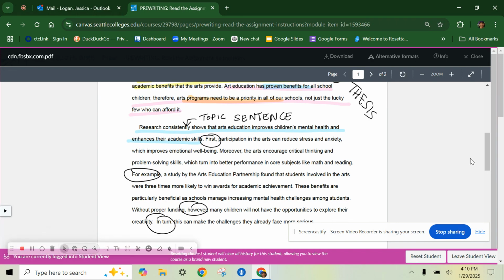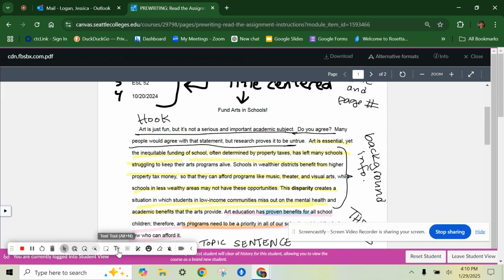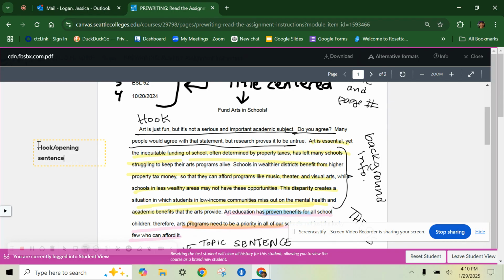However, the introduction paragraph in an essay is slightly different. That will start with a hook or interesting opening sentences, have background information, and then have its main idea. So they are slightly different.